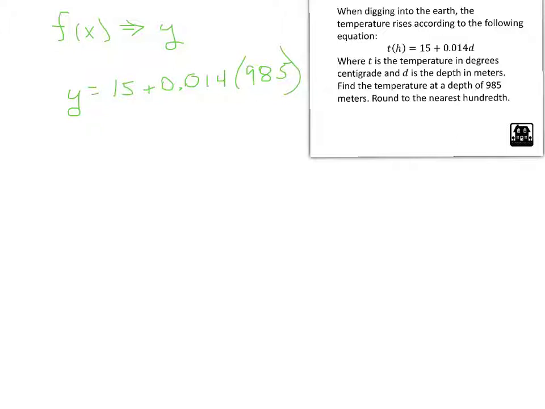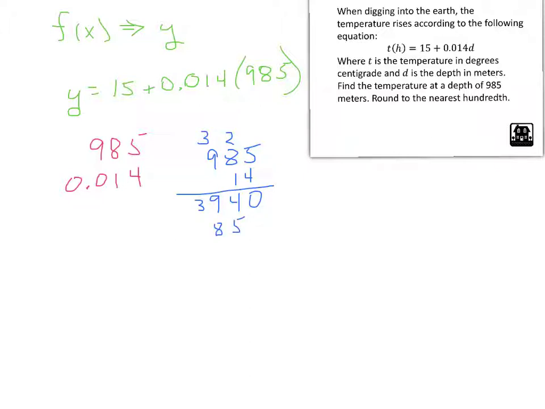Our problem becomes the challenge of multiplying 985 by 0.014. When you multiply by something like this, it's the same as multiplying 985 times 14, which would be 5 times 4 is 20, 8 times 4 is 32, plus 2 is 34, 9 times 4 is 36, plus 3 is 39, and then we deal with the 1, and we get 0, 9, 9 is 17, 9 and 4 is 13.